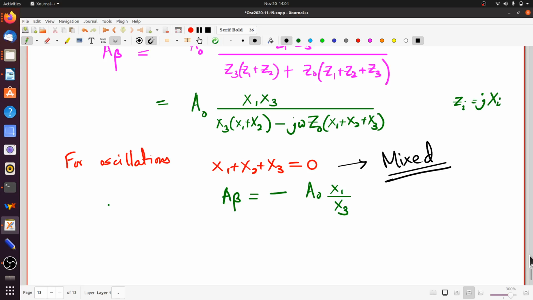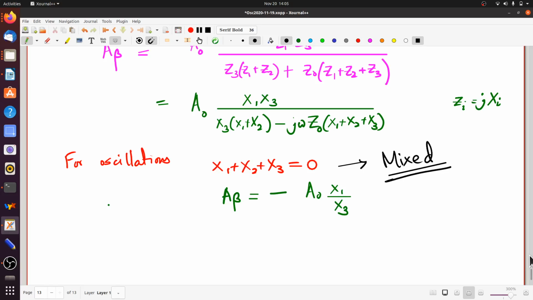On the other hand, if the amplifier itself is non-inverting, A0 is positive, you already have a minus sign here. So X1 by X3 must be negative, in which case you need two opposite kinds of reactances. One of them must be an inductance, the other one must be a capacitance.